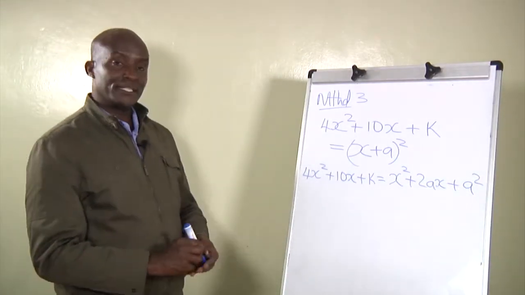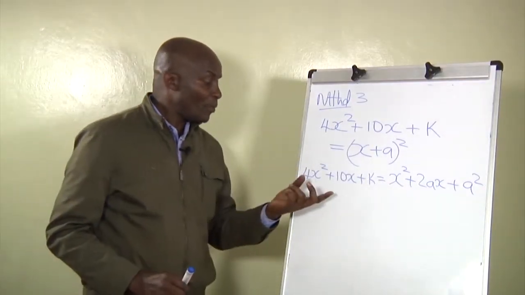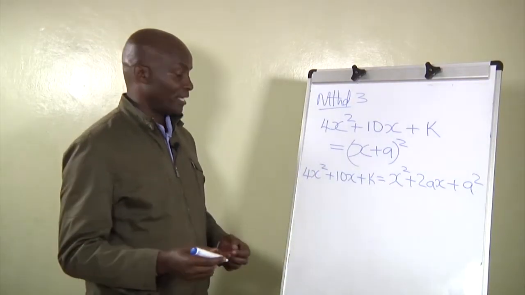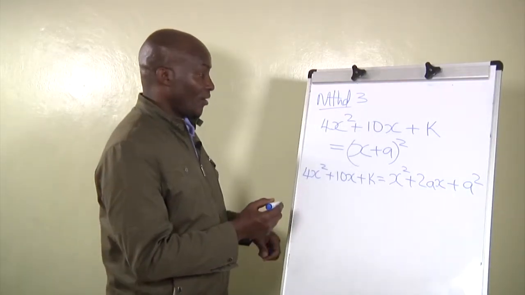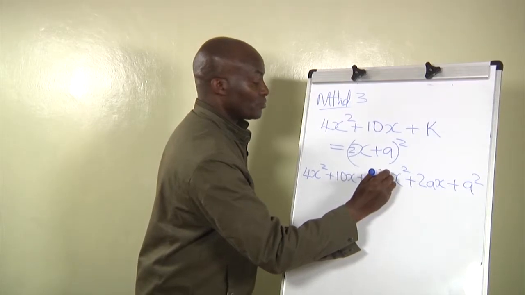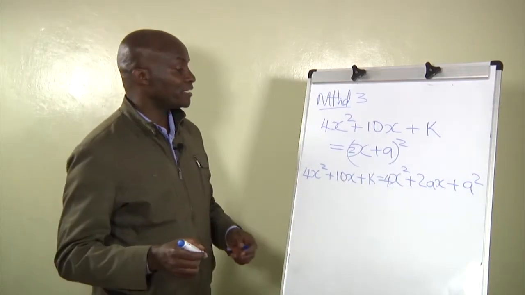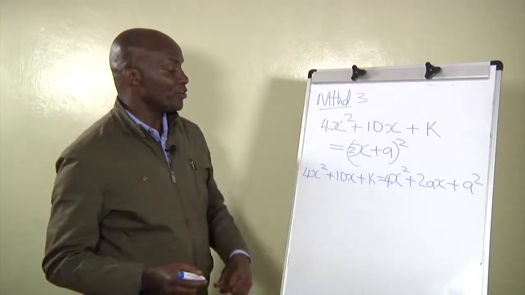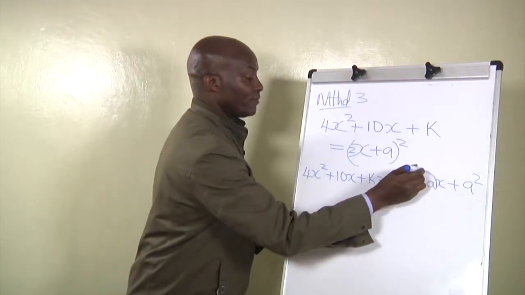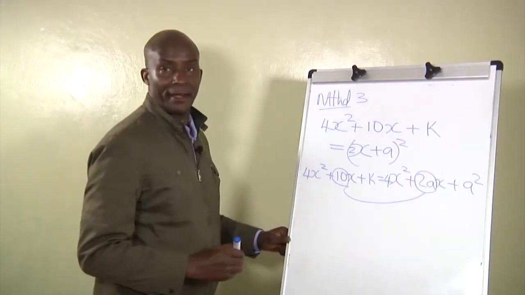And then, since these two expressions are equal, we now compare the coefficients on both sides. The coefficient of x squared should be 2, and so this will be 4. Now, comparing the coefficient of the middle term, we have 2a must be equal to 10.